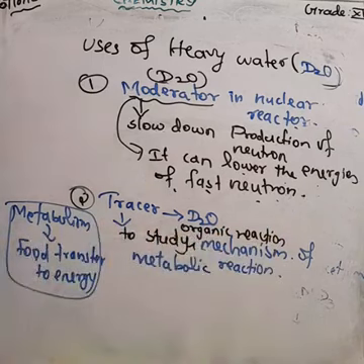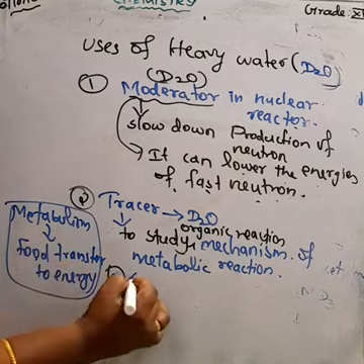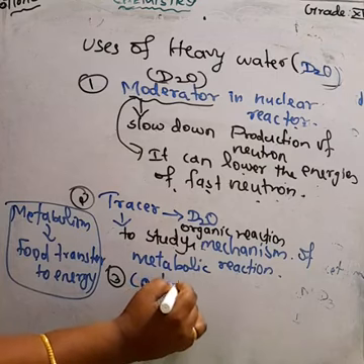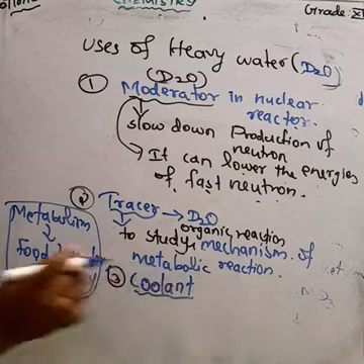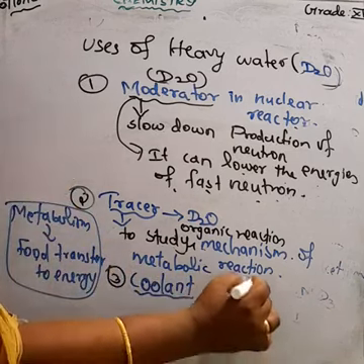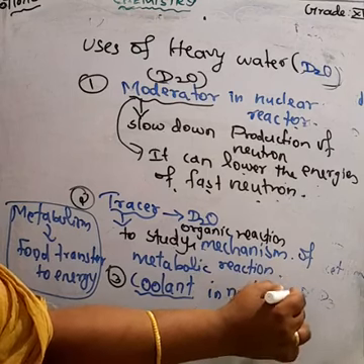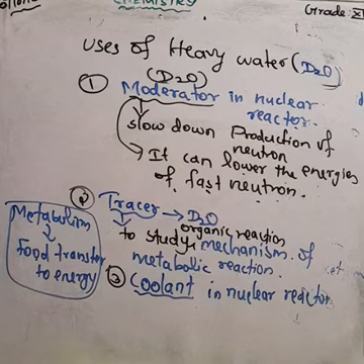Another use is as a coolant in the nuclear reactor, as it absorbs the heat generated. In a nuclear reactor, a large amount of heat is produced during the fission or fusion reaction.